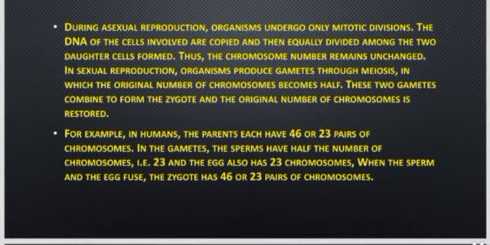In the case of human beings, 46 chromosomes are present in the body. But at the time of formation of the sperm and the ovum, the number 46 is reduced to half, that means 23. The sperm's chromosome number is 23, and the ovum's chromosome number is 23.